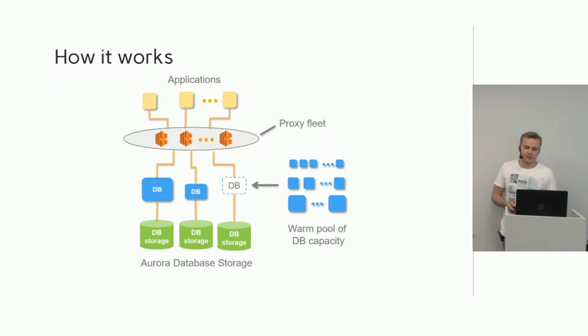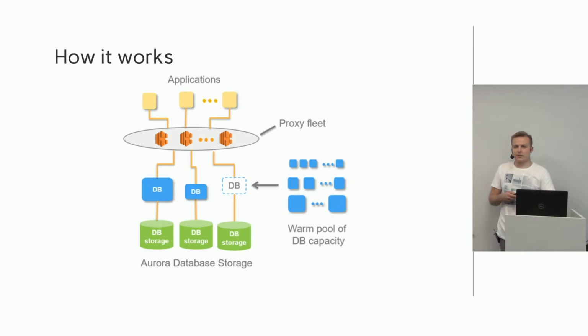So how does it work internally? In Aurora Serverless, we have a proxy fleet and the amount of database capacity. So when you need to connect from your application, your connection goes to the proxy fleet, and then the proxy fleet will redirect the connection to a particular database resource. At the same time, your serverless service has a warm pool of database capacity, so AWS is ready to add or remove database resources from your cluster.